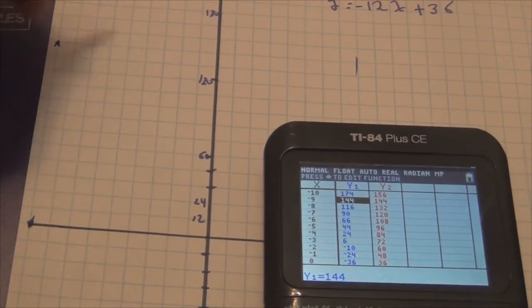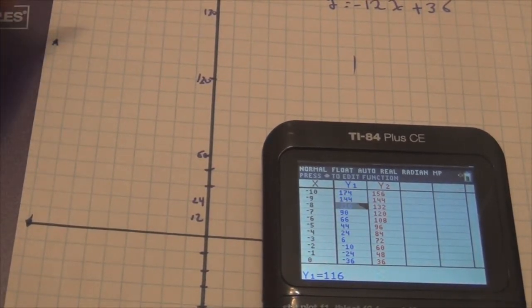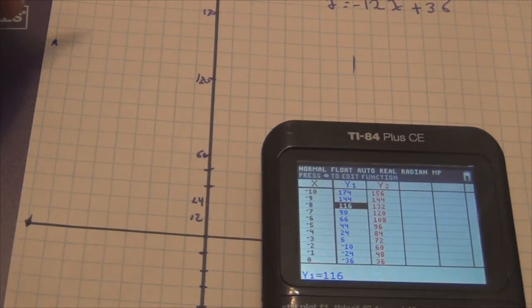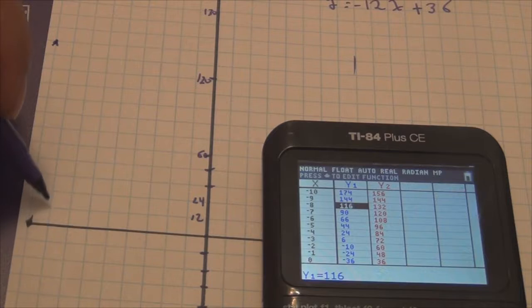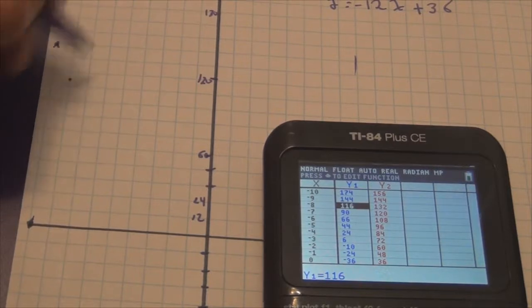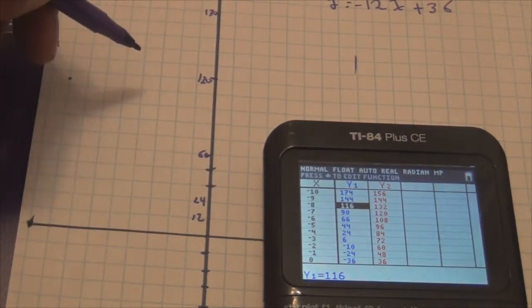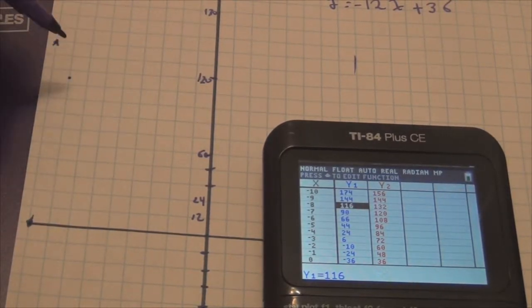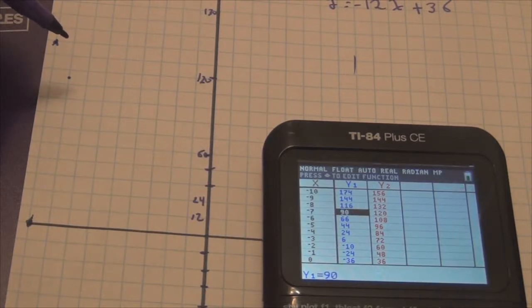The next point that I'm going to graph is negative 8 comma 116. So negative 8 and 116 should be around here. Okay? Because this is 120, and this is 108. All right. And now I'm going to graph negative 7 comma 90. Okay.